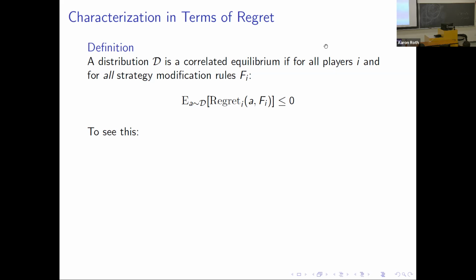Okay, so a distribution over action profiles is a correlated equilibrium if for all players i, and now for all strategy modification rules, all possible backseat drivers who are telling you what you should have done as a function of what you did, they might have different suggestions for different things you've done, if for all strategy modification rules, your expected regret to that strategy modification rule is non-positive. Okay, the claim is this is the same definition. This is a correlated equilibrium.